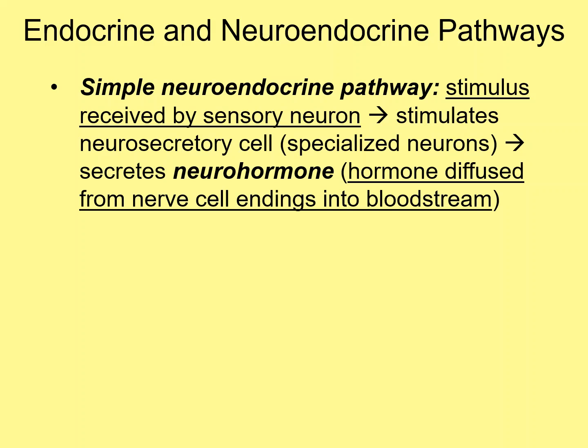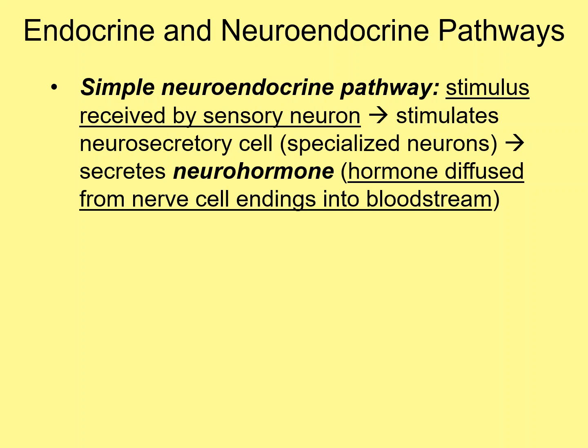It's coming in through a neuron, and that neural impulse from a sensory neuron, which we'll talk about when we talk about the nervous system, stimulates the neurosecretory cell, which is basically, again, a specialized neuron. In many cases, we're referring to the hypothalamus, which is part of your brain.